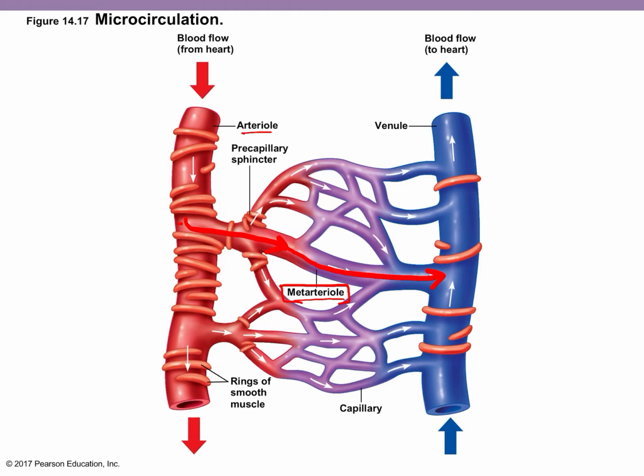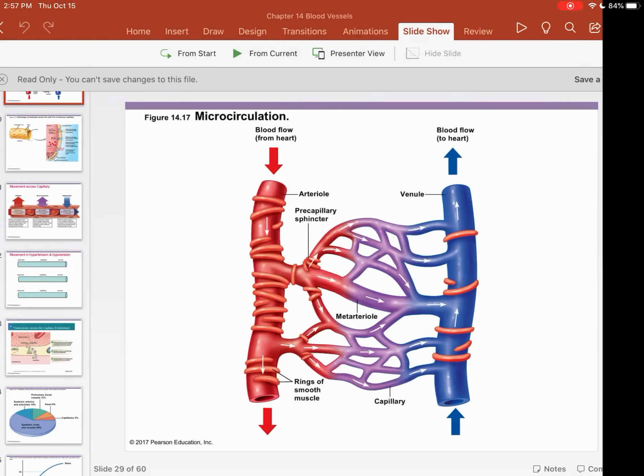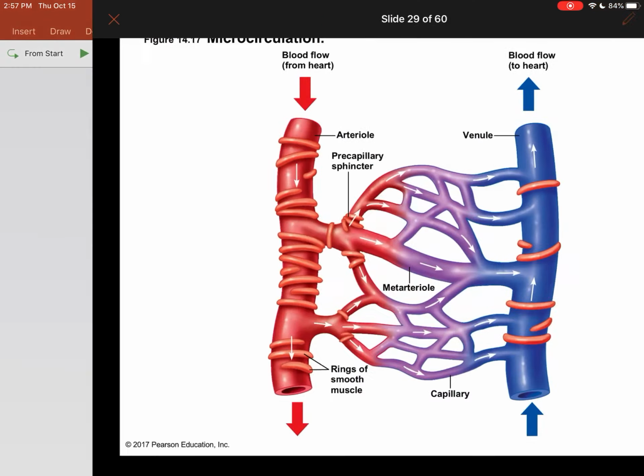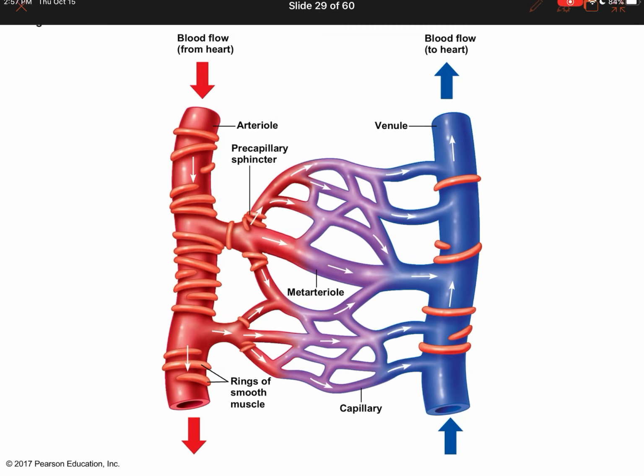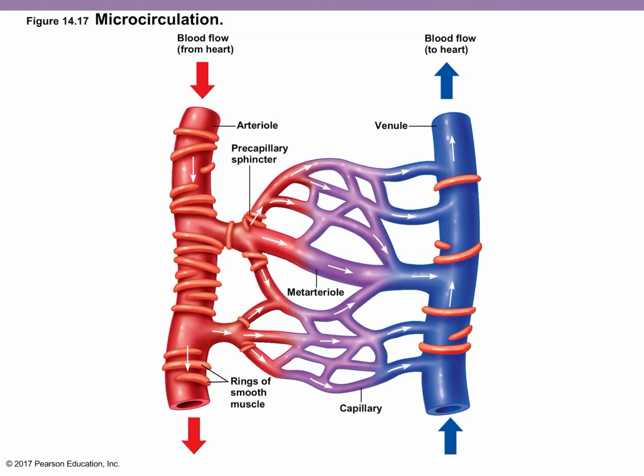Now, these meta-arterioles can bypass capillaries. It can act as a shunt to bypass your capillaries due to smooth muscle rings in specific locations.